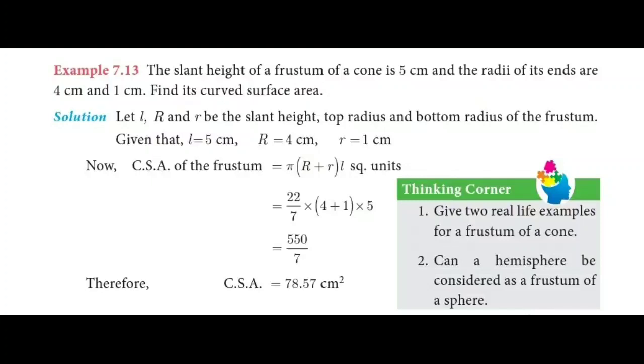Then 22 into 5 is 110, 110 into 5 is 550, then 550 divided by 7 is equal to 78.571. Therefore, CSA of the frustum is equal to 78.57 centimeter square.